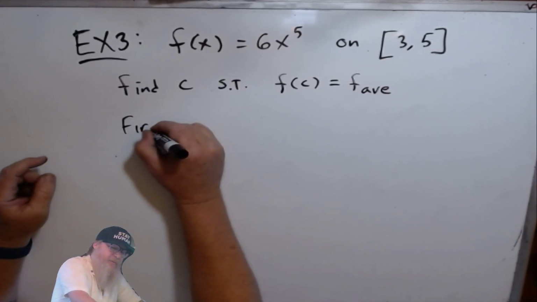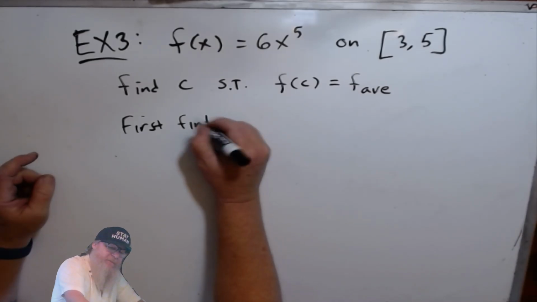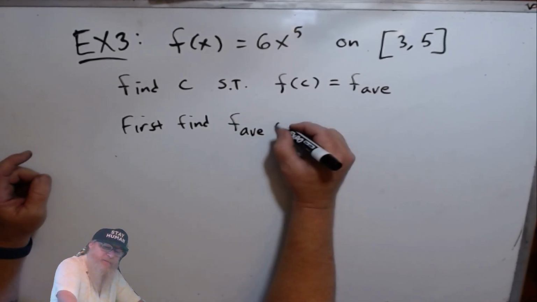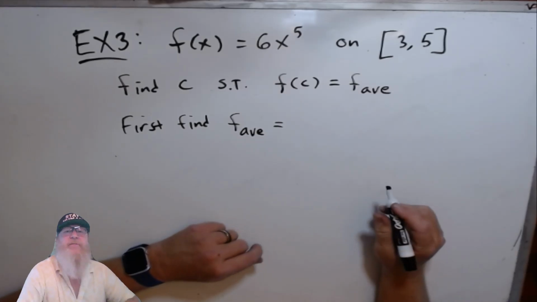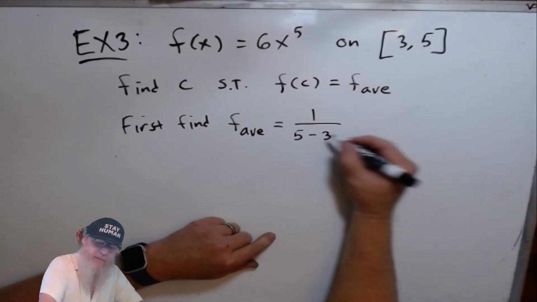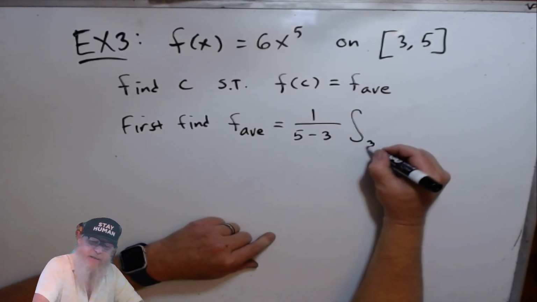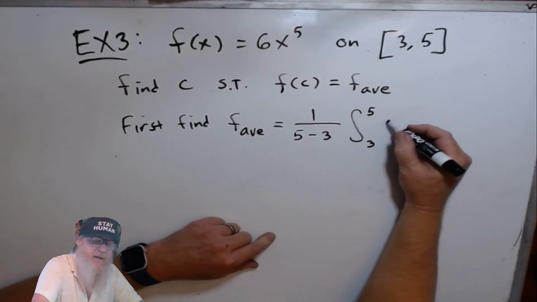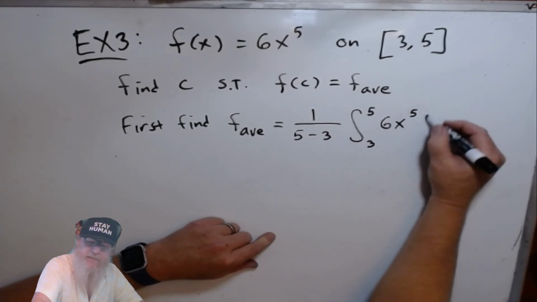All right, so we got to first find f av. Find the average of the function. So that'll be 1 over 5 minus 3 times the integral from 3 to 5 of 6x to the fifth dx.